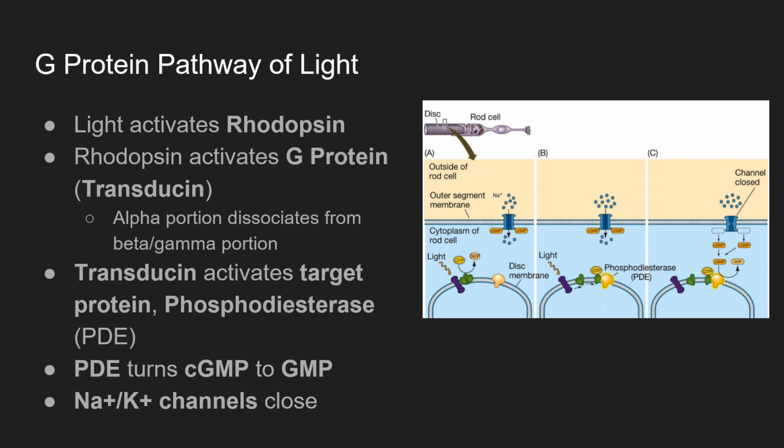So then the alpha is going to dissociate from the beta gamma subunits, and then it's going to go on to activate your target protein, which in this case is phosphodiesterase, or PDE, and that PDE is going to turn that cyclic GMP, which allowed the ion channels to be open, into GMP, so that those sodium and potassium channels are going to close. And so that's how that process happens.